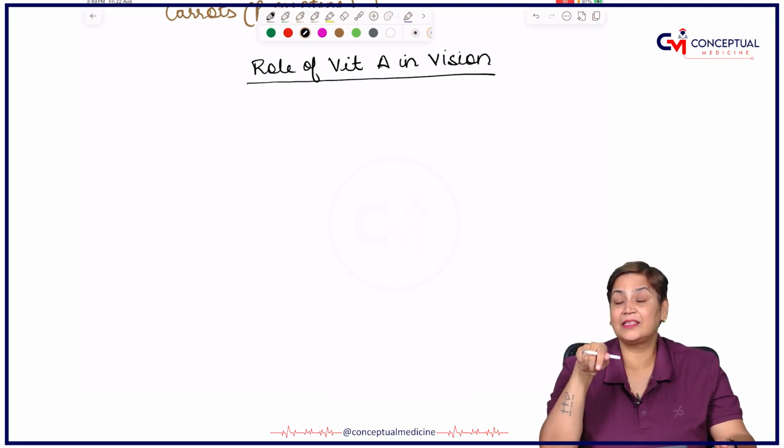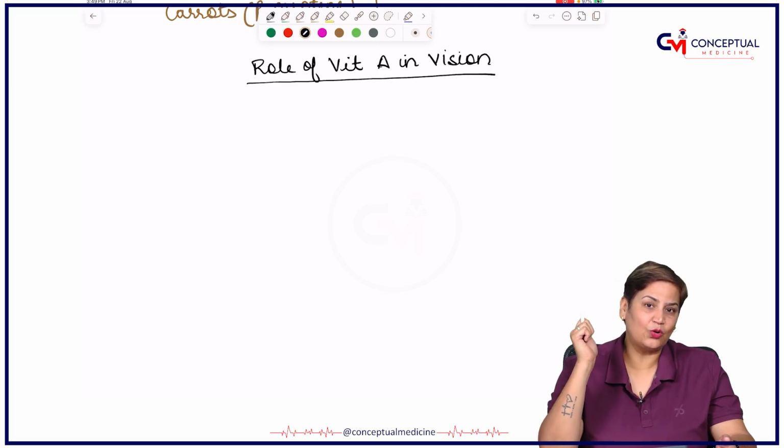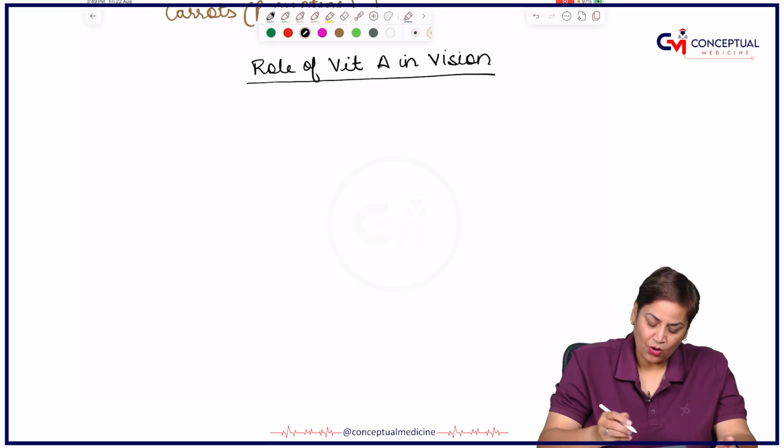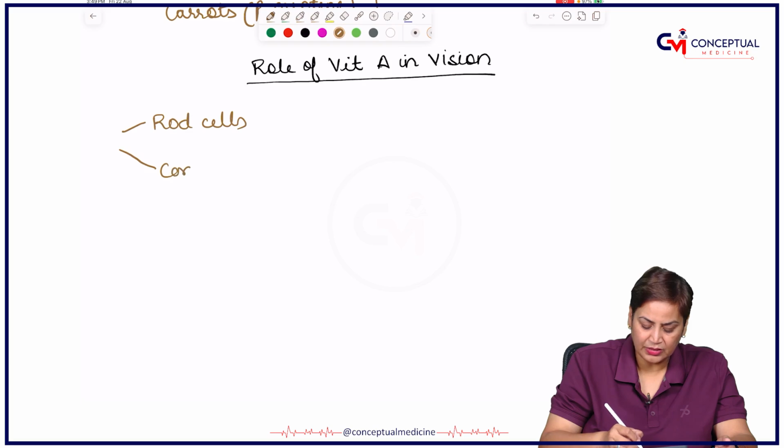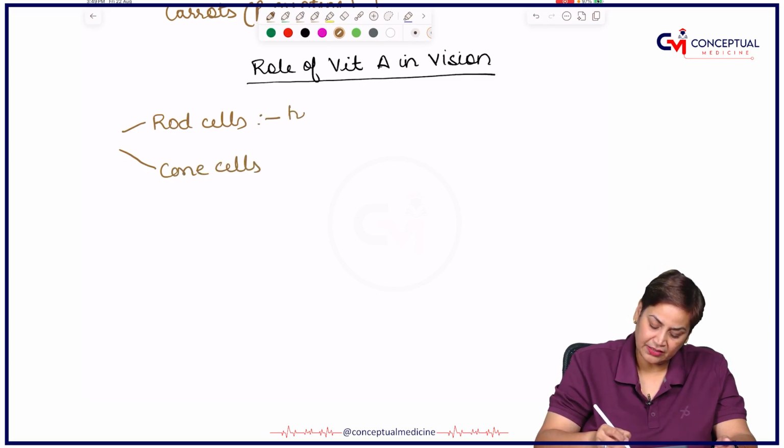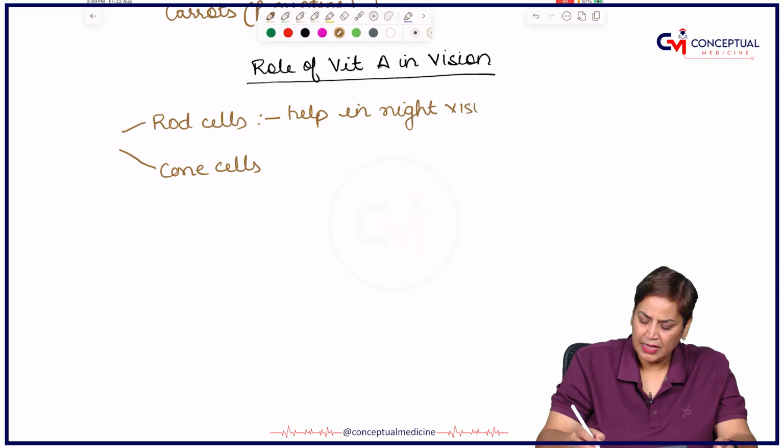In the eyes, there are two types of cells, rod cells and cone cells. The main difference between rod and cone cells is that rod cells help in night vision, and cone cells help in day vision.